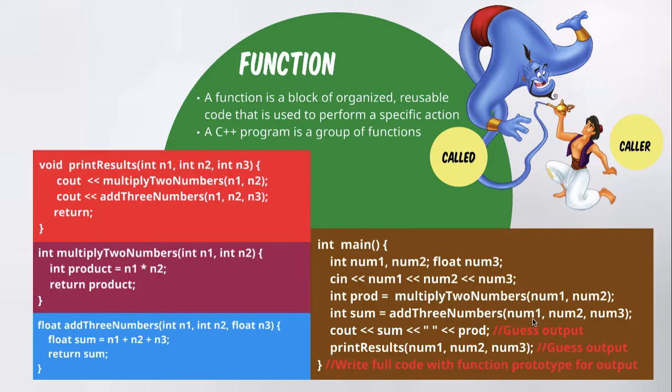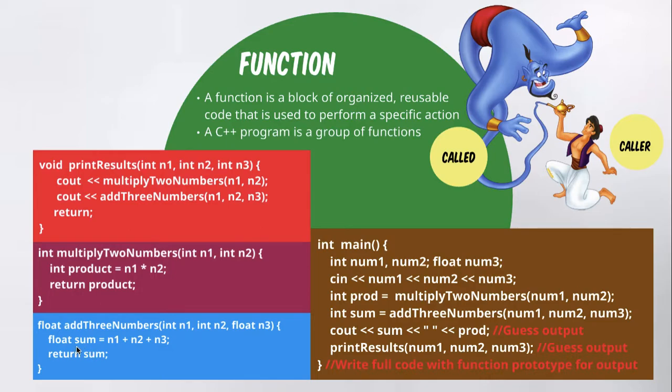After this function is called, the program will automatically go to this add 3 numbers function. Inside this function, we are calculating the sum of all these 3 numbers, that is n1 plus n2 plus n3, and storing the value inside a variable called sum. Now again, notice this sum is of type float and we are returning sum here.